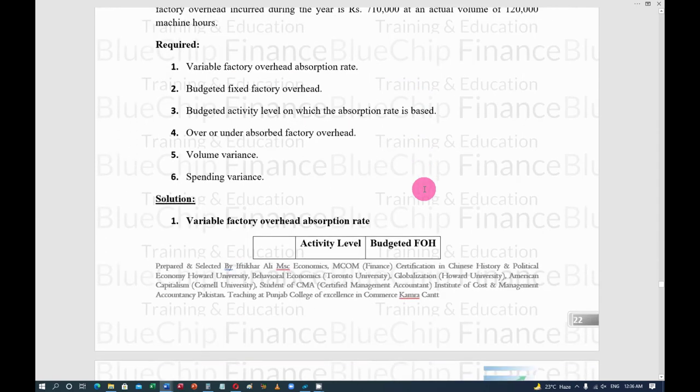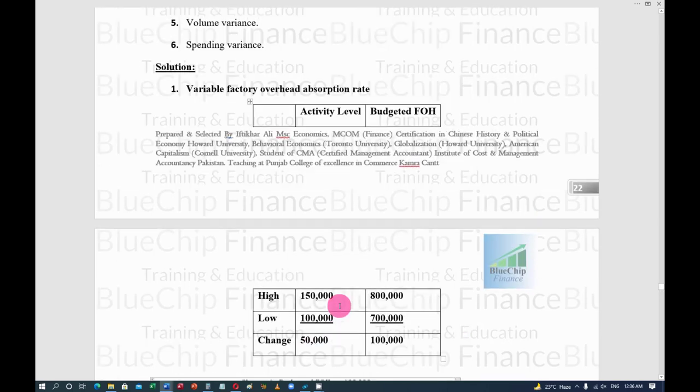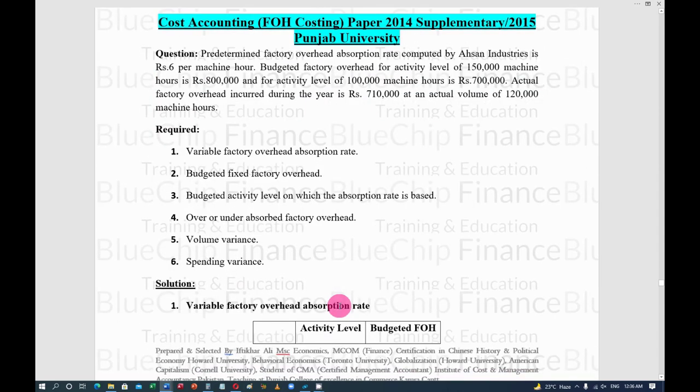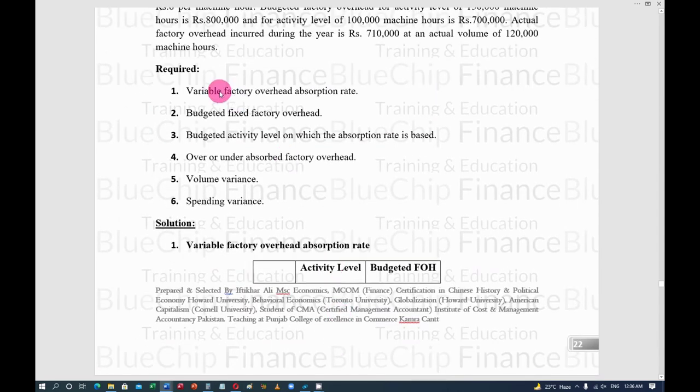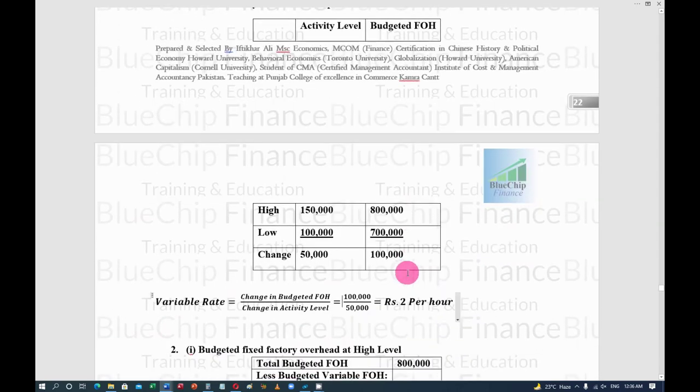So we record both activity levels and take the change: 8 lakh minus 7 lakh equals 100,000, and 150,000 minus 100,000 equals 50,000. Divide this change, 1 lakh divided by 50,000 equals rupees 2 per hour. So that is your variable rate. Your first requirement is met, to calculate the variable factory overhead absorption rate. So overall absorption rate is rupees 6, and your variable rate is 2.